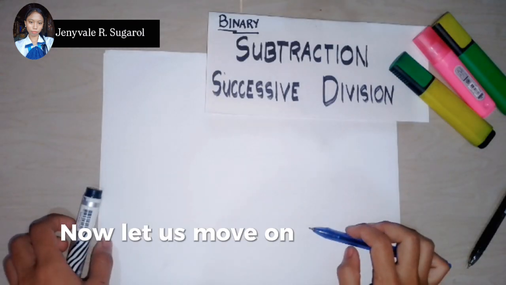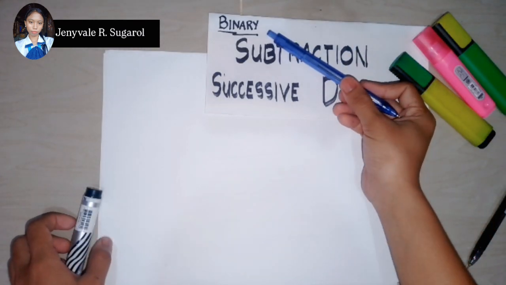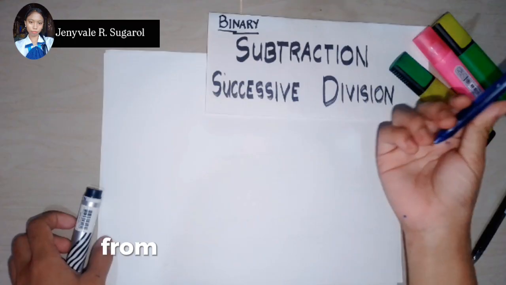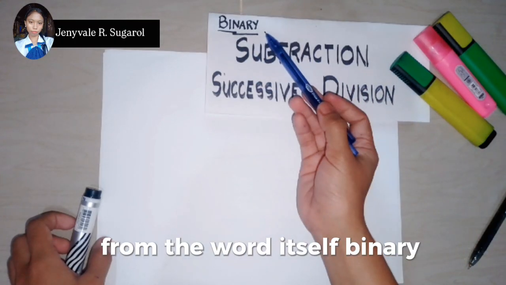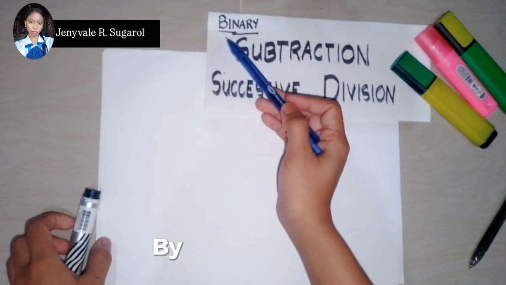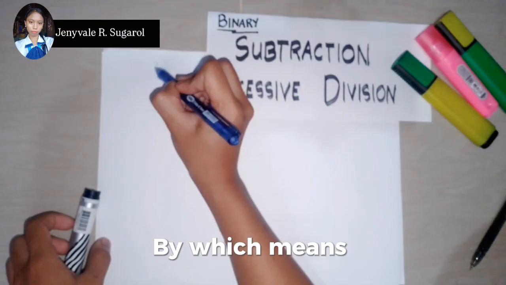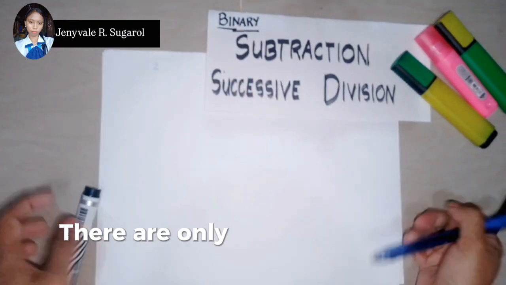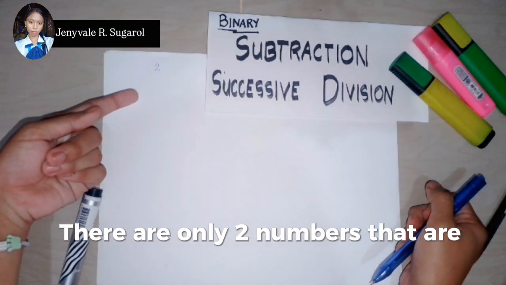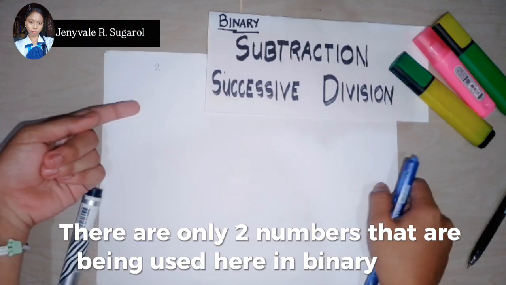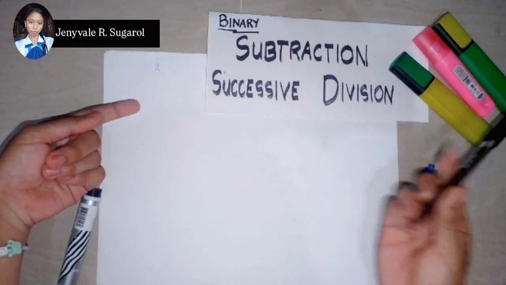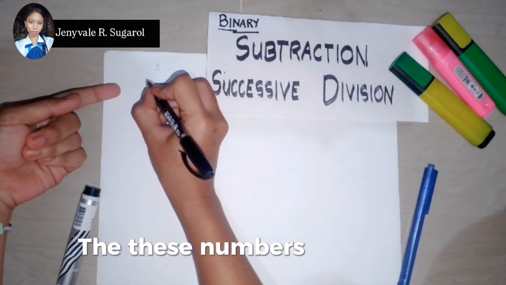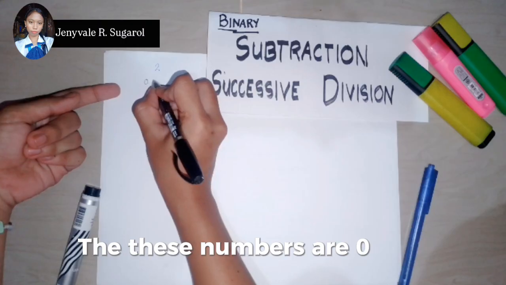Now let us move on to the binary digits. From the word itself, binary. Bi, which means 2. There are only 2 numbers that are being used here in binary digits. These numbers are 0 and 1.